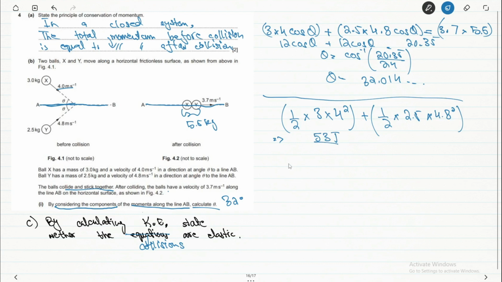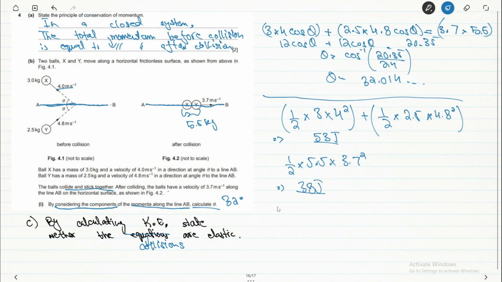And now the final kinetic energy is 1 by 2 times 5.5, because we've discussed to treat it like one particle, times 3.7 whole square. And this becomes 38 joules. Now you can see that the kinetic energy is decreasing across the collision, right?